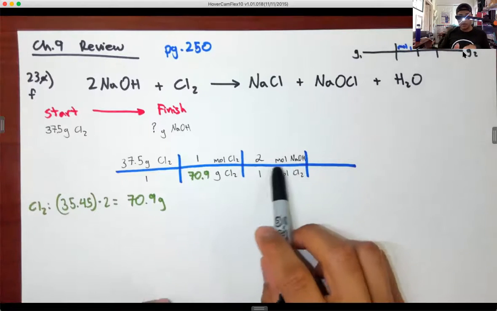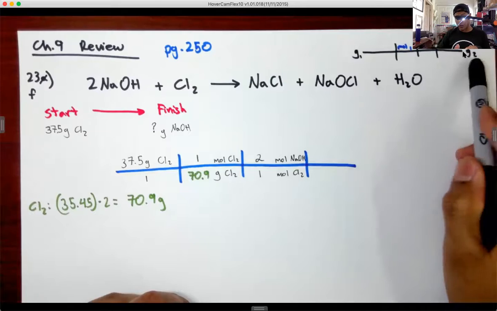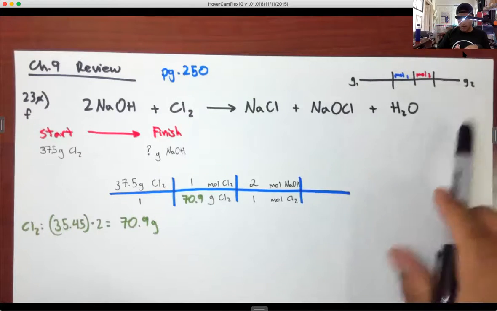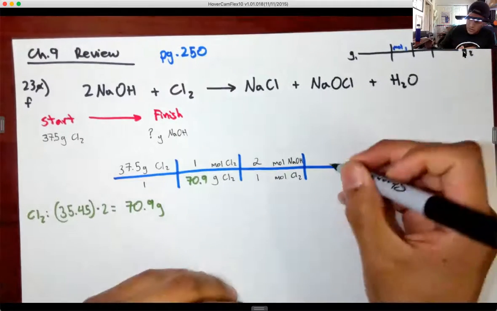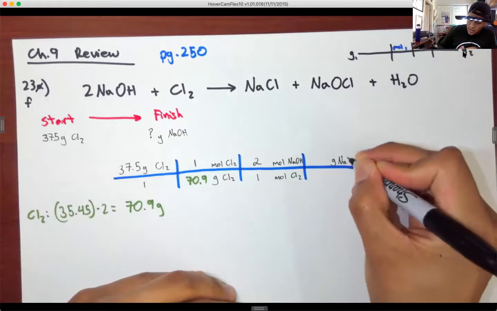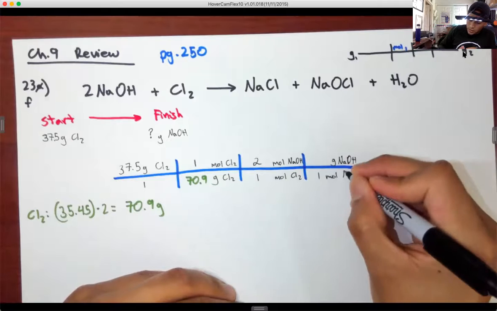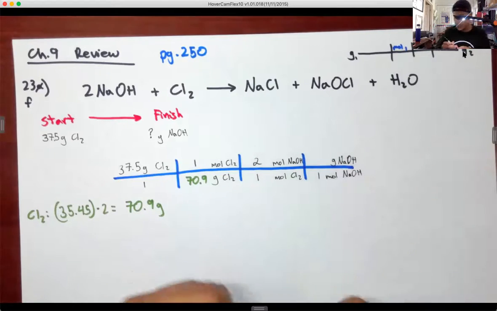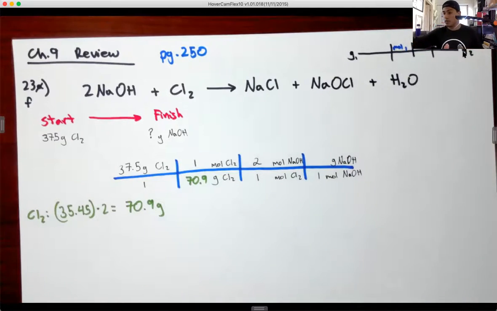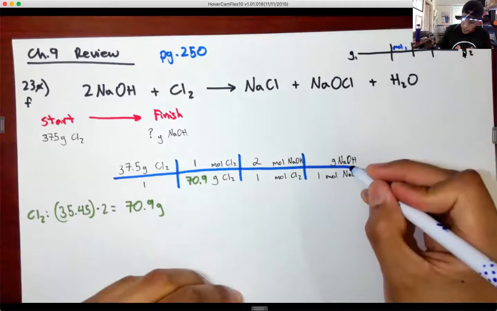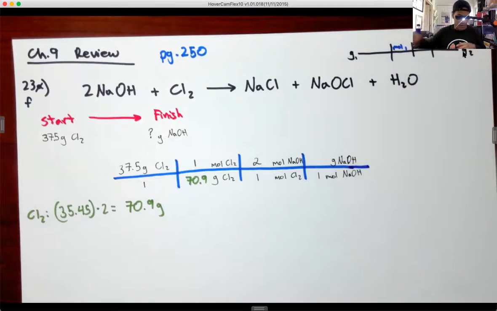Now we went to moles of NaOH. Now we want to go to grams. Okay, now we want to go to grams of NaOH, which is the last step, grams of NaOH for 1 mole of NaOH. And now what do we need to do here? How do we figure out the amount of grams of NaOH for 1 mole of NaOH?